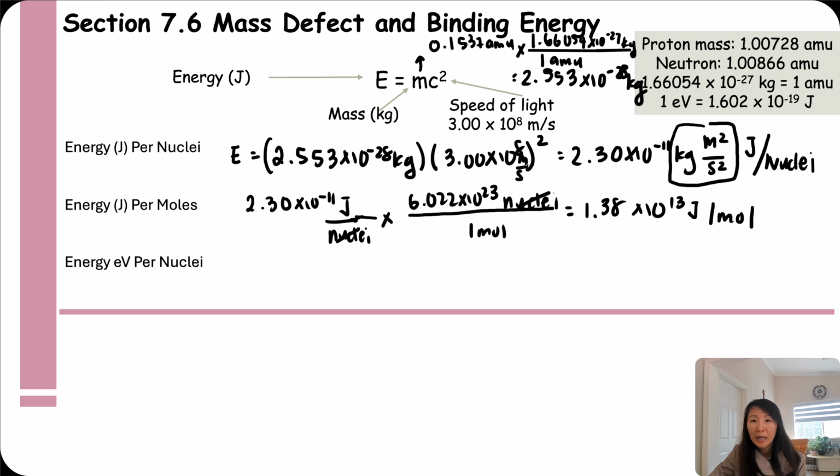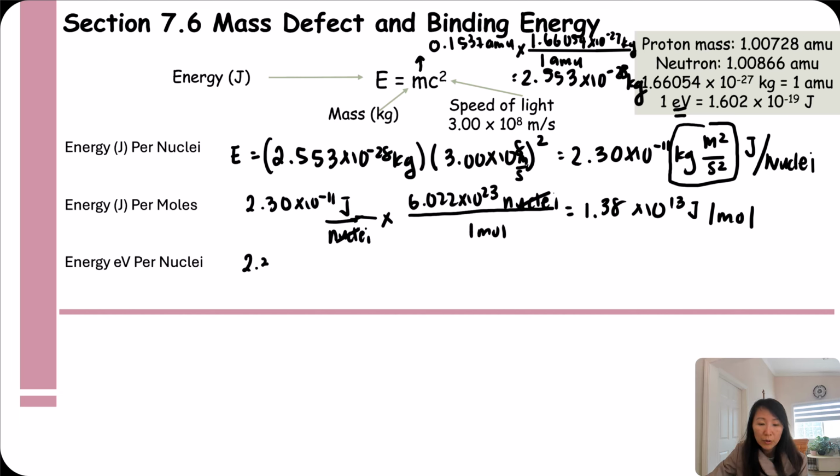What about in electron volts? Remember that electron volt is another way of showing energy, and as shown on the very right, 1 electron volt is equal to 1.602 times 10 to the negative 19 joules. It's looking for per nuclei, not per mole. So I'm going to utilize this one on top to do the unit conversion.